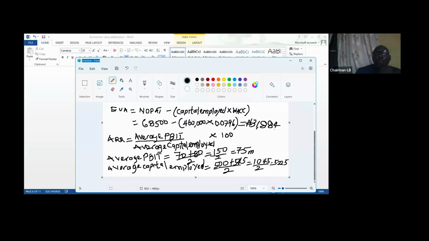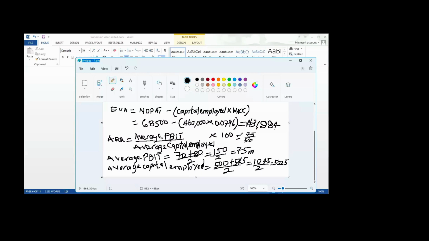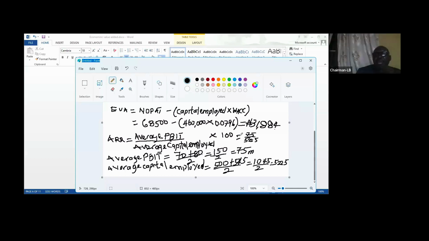You can compute your accounting return now. 75 divided by 522.5 multiplied by 100.